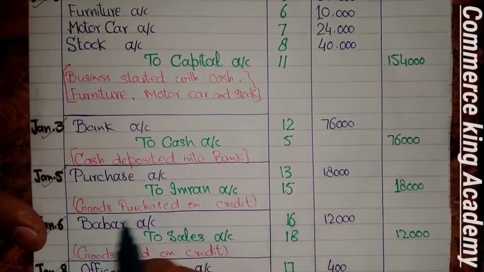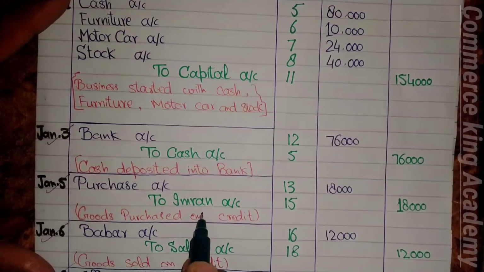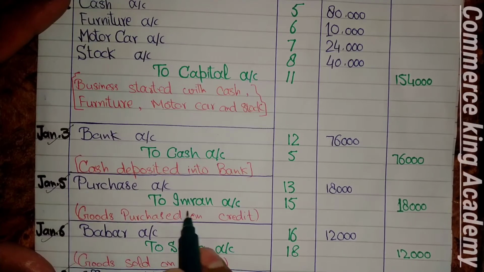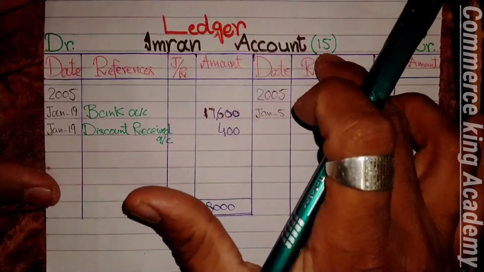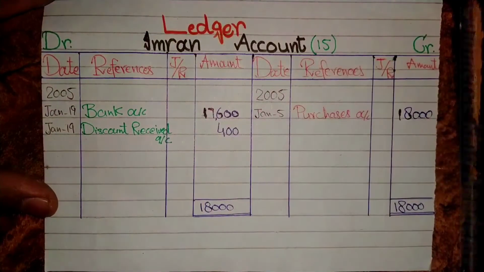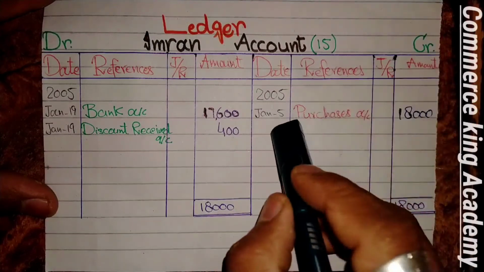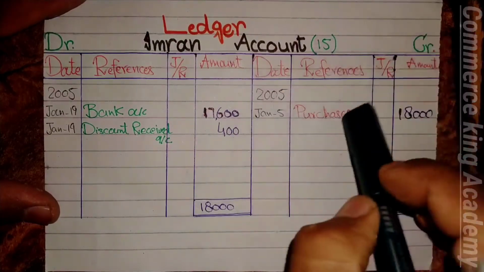Our next account for making a ledger account is Imran account. Imran account is credited by purchase account on Jan 5th, amounting to 18,000 rupees. This is the ledger of Imran account, and the ledger folio number is 15. Now we are going toward its entries. The first entry is on Jan 5th, where Imran account was credited by purchases account.